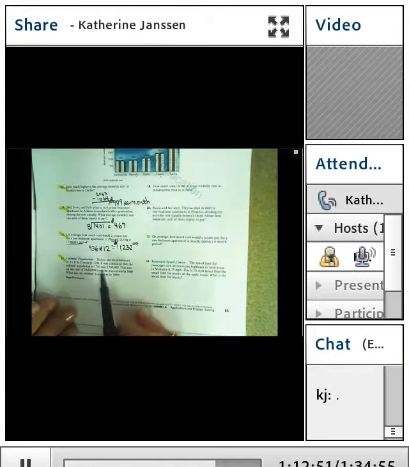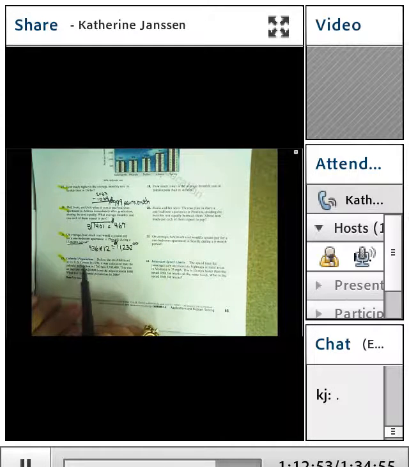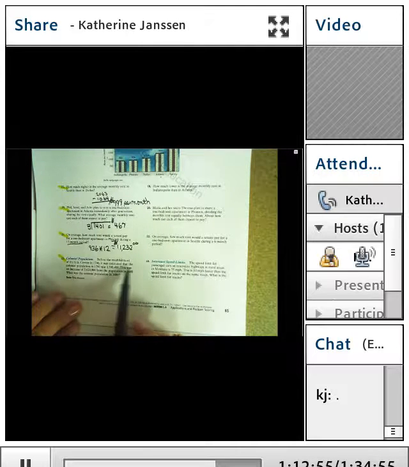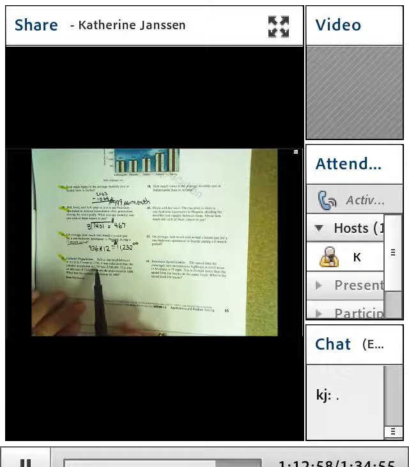Number 23. Before establishment of the U.S. Census in 1790, it was estimated that the colonial population in 1780 was 2,780,400. This was an increase of 2,628,900 from the population in 1680. What was the colonial population in 1680?